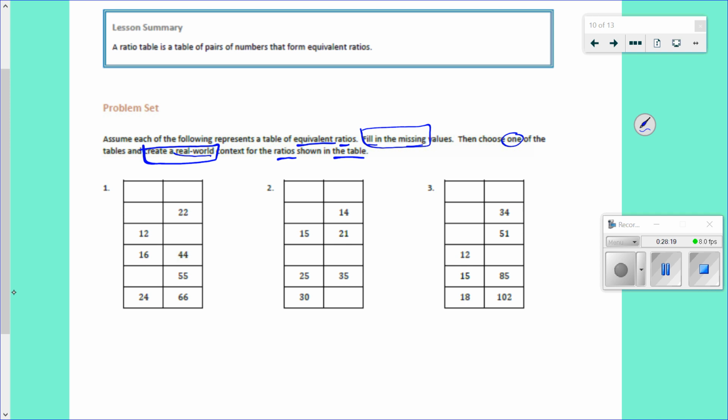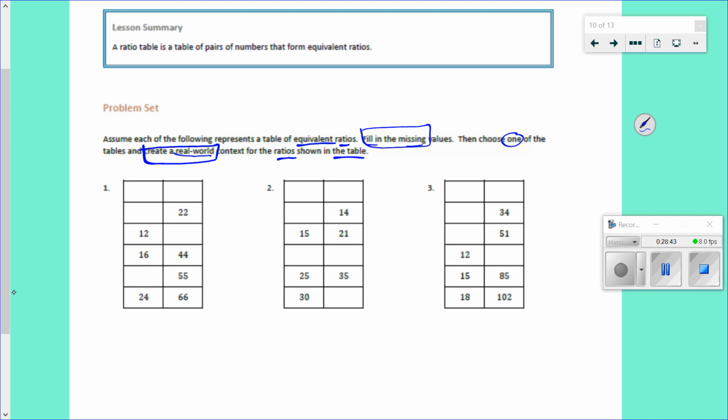More than one. The first thing we have to do is fill in the missing values. So I have to finish all 3 of the tables, filling in the missing values for all 3.